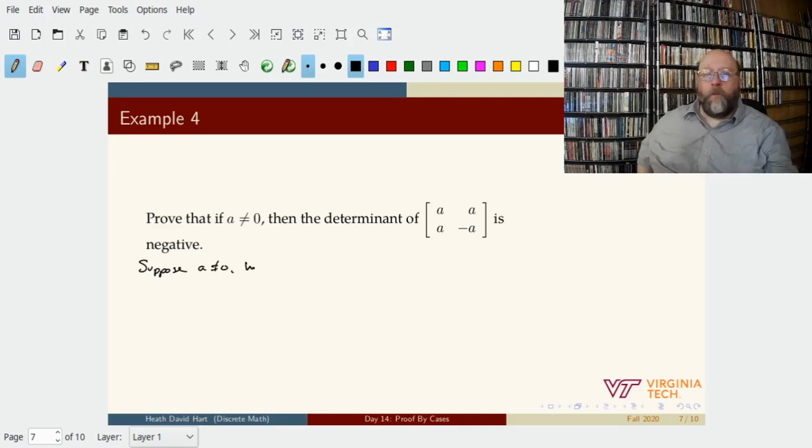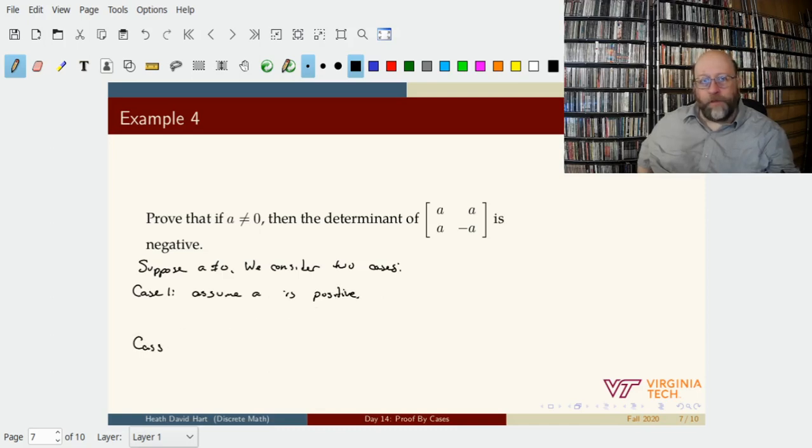Well, we can then consider two cases. Case 1, assume a is positive. In case 2, we're going to assume a is negative.